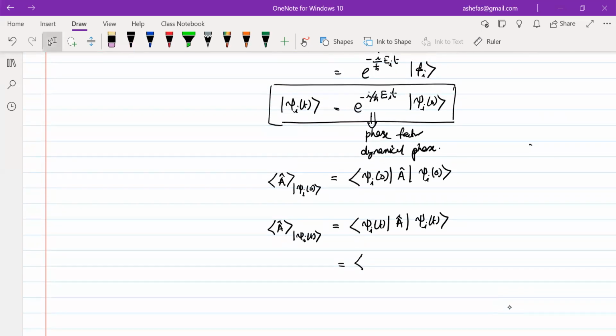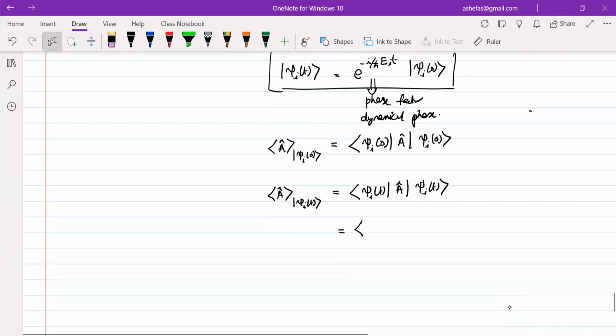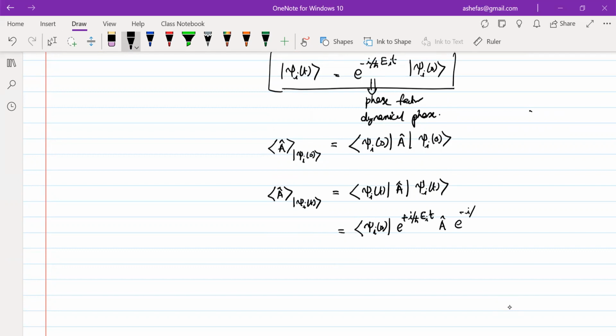So this becomes psi i of t, the operator A, psi i of t, which is equal to, the ket psi i of t is e raised to minus i by h cross Ei t ket psi i of 0. Therefore, the bra psi i of t would be the bra psi i of 0, then e raised to plus i by h cross Ei t, then operator A, then e raised to minus i by h cross Ei t psi i of 0.